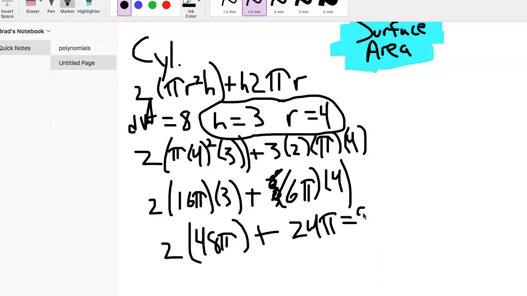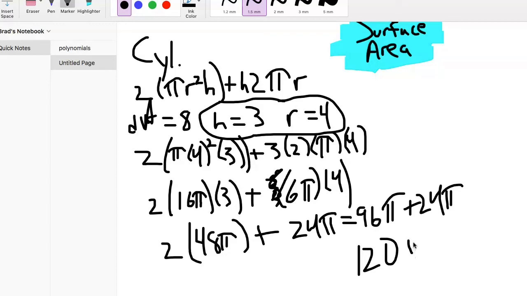So that leaves us with 96 pi plus carrying over this 24 pi. And when we're done, we end up with 96 pi plus 24 pi. So this is going to be 120 pi when everything is said and done for the cylinder.